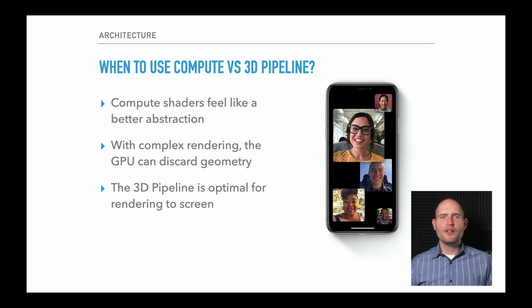So it can tell that one quad occludes the other quad, and it can discard the pixels underneath and never render them. Meanwhile, if you try to implement overlapping squares like that using a compute shader, then you're going to have to write your own code to discard the geometry behind it, and you've basically gone and reinvented the pipeline that the GPU can give you for free, and your version's probably not going to be as good as what's built into the hardware, right?